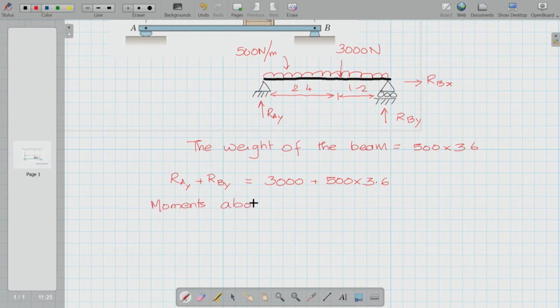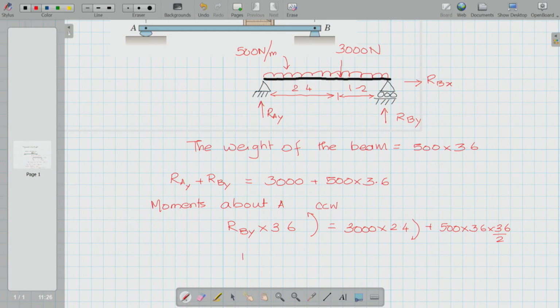Moments about A would be: I'll have a moment which is RBY into this 3.6, which is in a counterclockwise sense, and that should be equal to 3000 into 2.4, which is a clockwise sense, plus 500 into 3.6, which is the force, and it acts from a point of 3.6 by 2.